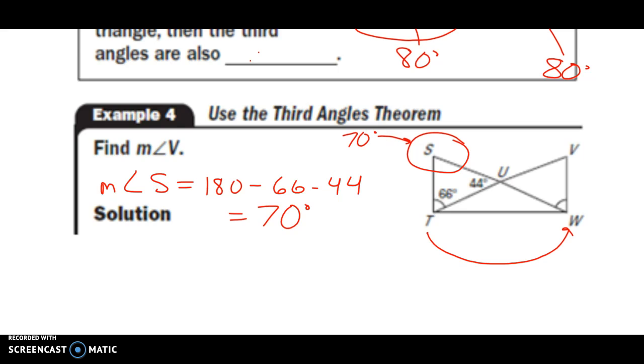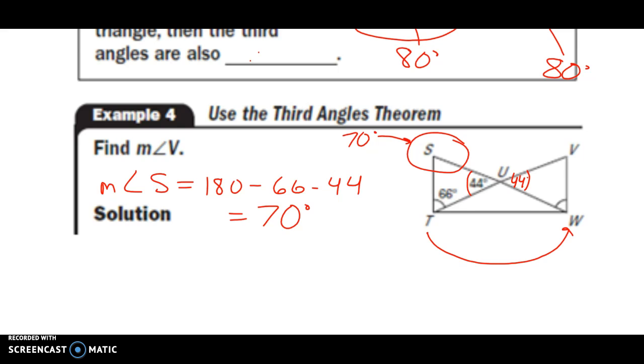But we're trying to get over to angle V, over in that other triangle. So what's kind of the bridge over to the other triangle? Lexi? 66. Yeah, or no, not the 66. I'd say the 44. And what do we call these types of angles? They're vertical. So if this is 44, so is this. Well, yeah, we already talked about that one though, right?